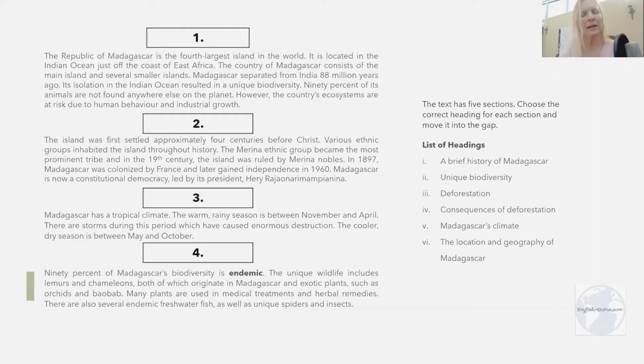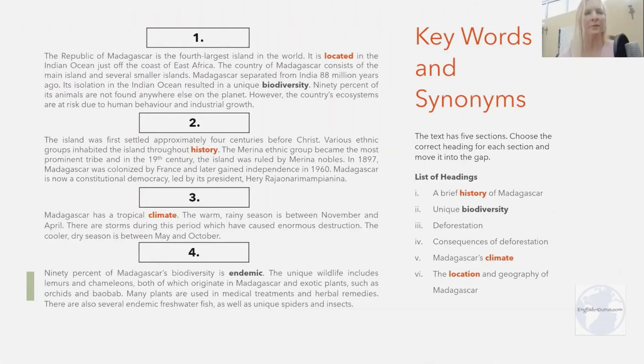So in order to help you to answer the question, you can look out for key words. The first paragraph, in the second sentence, here in red, you can see it says, Madagascar is located in the Indian Ocean. We also see the word biodiversity here.